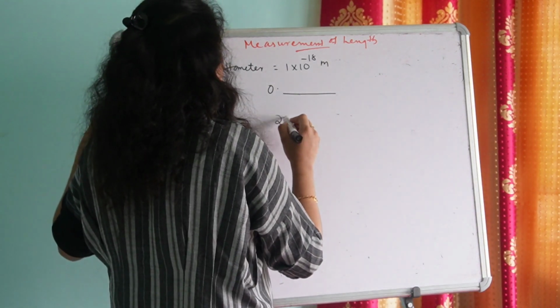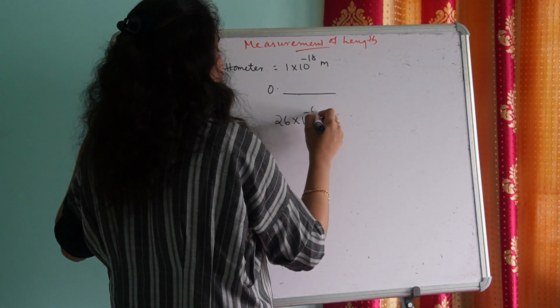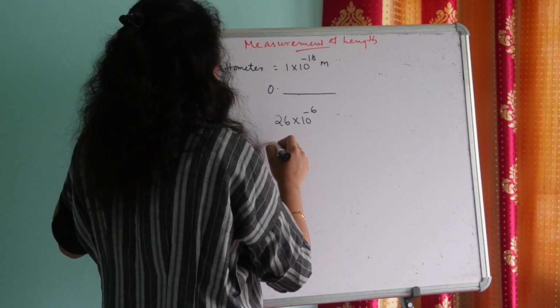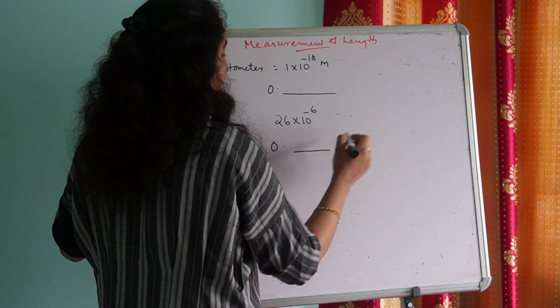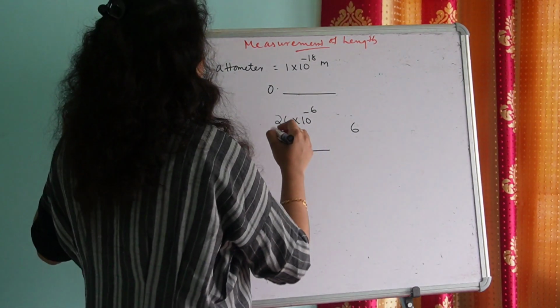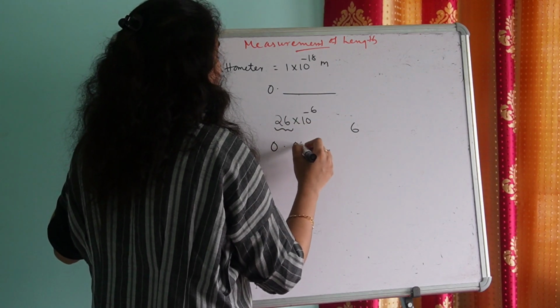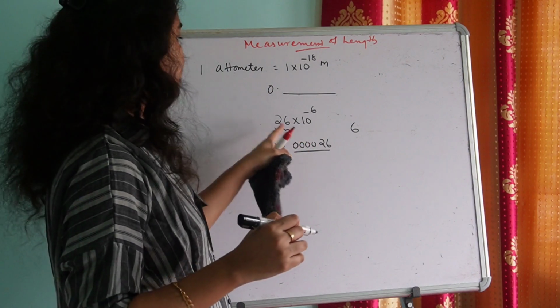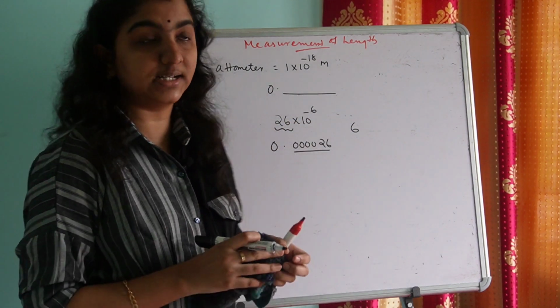Suppose it is given 26 into 10 power minus 6. What does it mean? After the point, we need to have 6 digits. Already here we have 2 digits, so 4 zeros followed by 26. Is it clear?